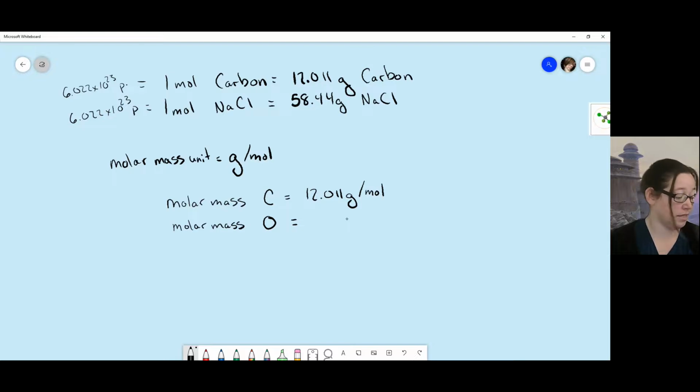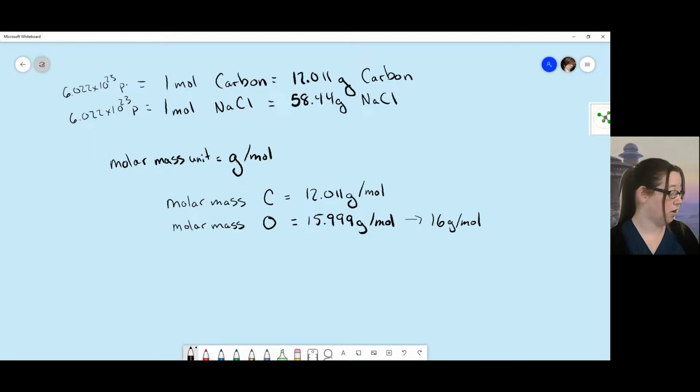And it says it has a molar mass of 15.999 grams per mole. Now, this will often be rounded to 16 grams per mole. Because oxygen is so close to 16 grams per mole that it does not change anything if you round this one. But this is the only one that you should round. It's the only element that I will accept you rounding.